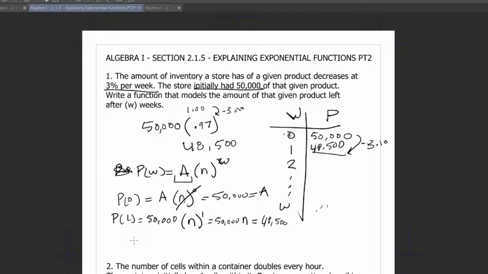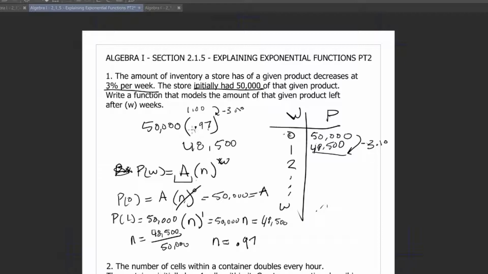So n equals 48,500 divided by 50,000. So n equals 0.97, the same thing we did up here.